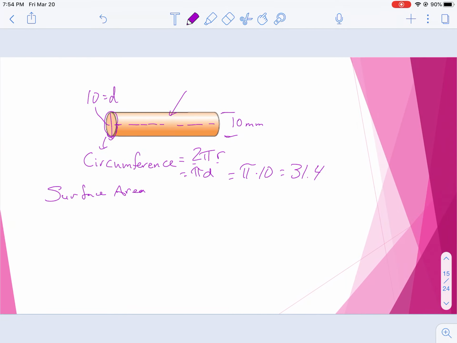And then the problem would have to give us this length. So let's say that was 35. I'm just making that up. It would be given in the problem. Then to find the actual surface area, if we cut it apart and turn it into a rectangle, it'd be 35 long by the circumference, which is 31.4. Then we could multiply that to get the surface area, and that would be in square millimeters.